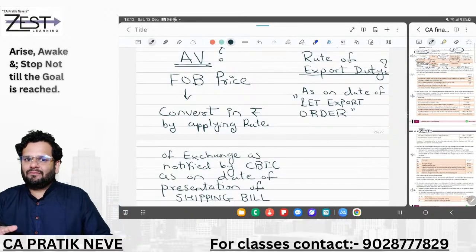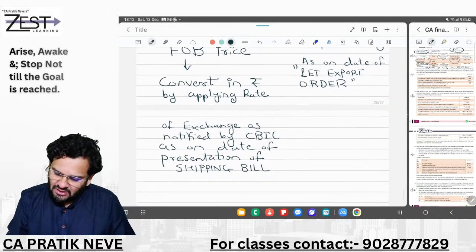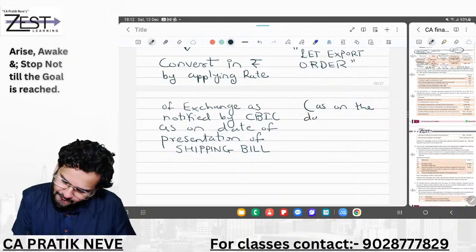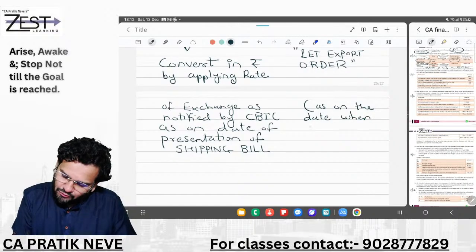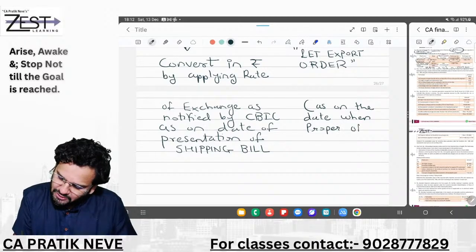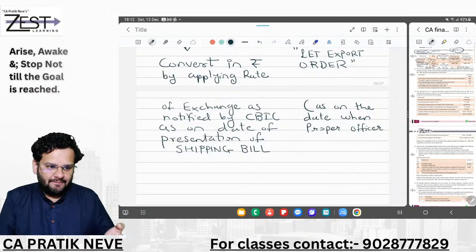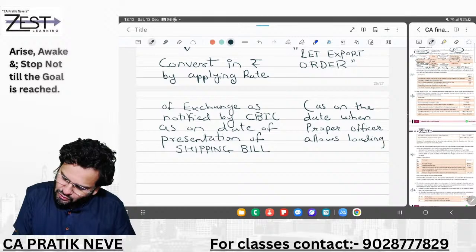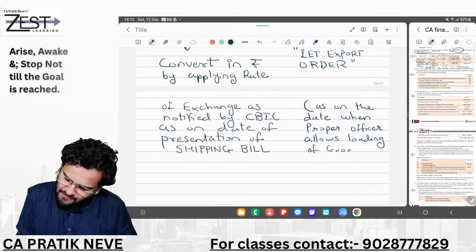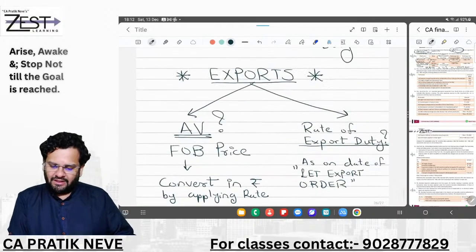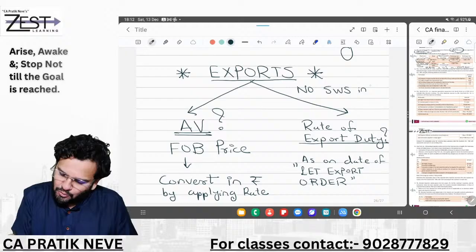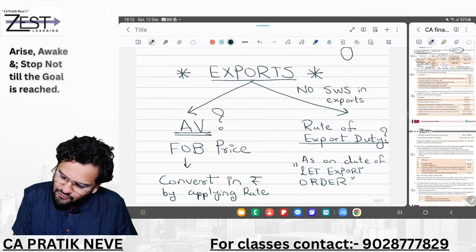Or you can say that it is the date when the proper officer under customs allows loading of goods on the conveyance. Clear, friends? And one more thing, remember, that no SWS in exports, no social welfare surcharge.